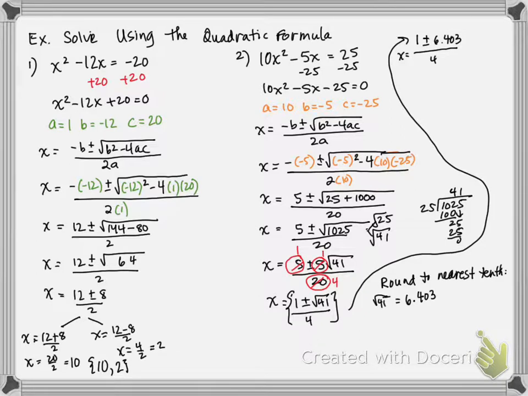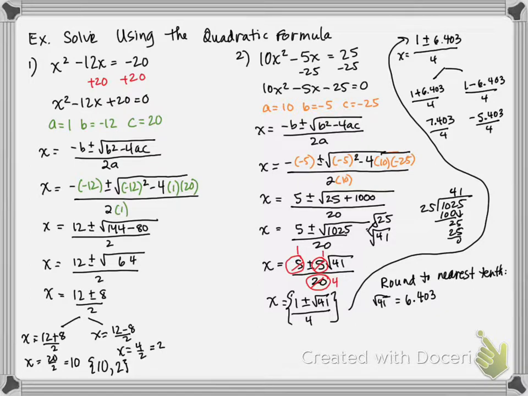So now I'm going to split it into its 2 possible answers. So I get 1 plus 6.403 over 4 and 1 minus 6.403 over 4. So when I add, I get 7.403 over 4, and I get negative 5.403 over 4.